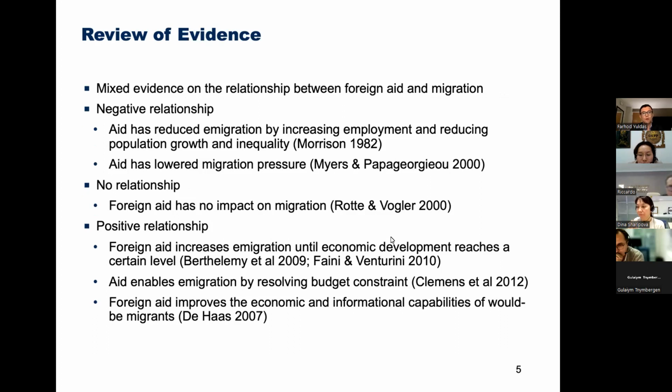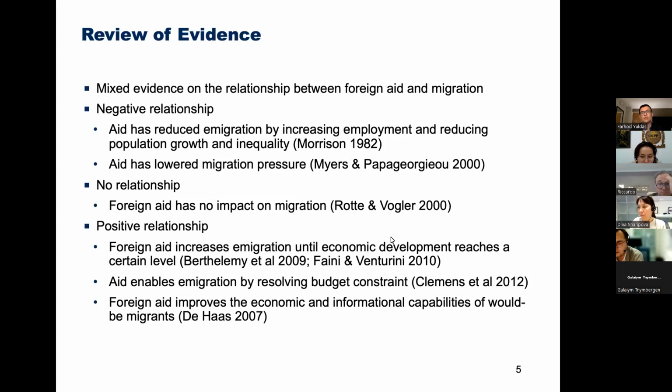And then some found positive relationships. The ones that found a positive relationship often looked at foreign aid affecting economic outcomes and allowing countries to reach a certain level of economic development, after which point it would actually increase immigration.